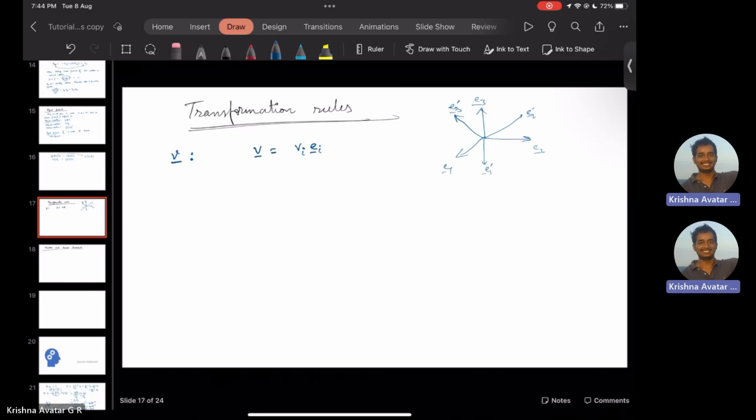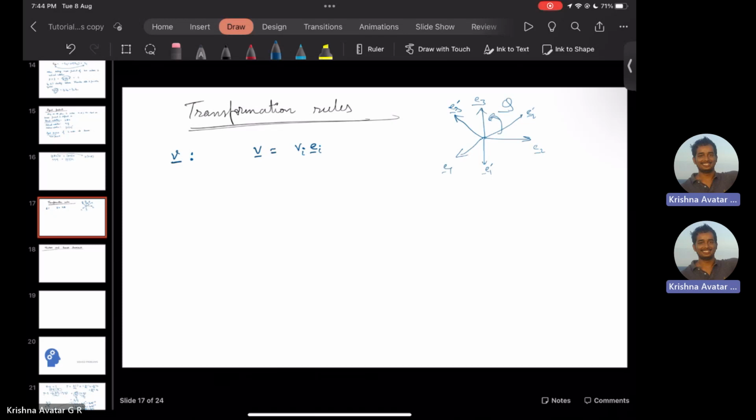So the set of basis vectors that define this 3D Cartesian space is going to get transformed, after applying some rotation, giving rise to a set of bases e_1 prime, e_2 prime, and e_3 prime.